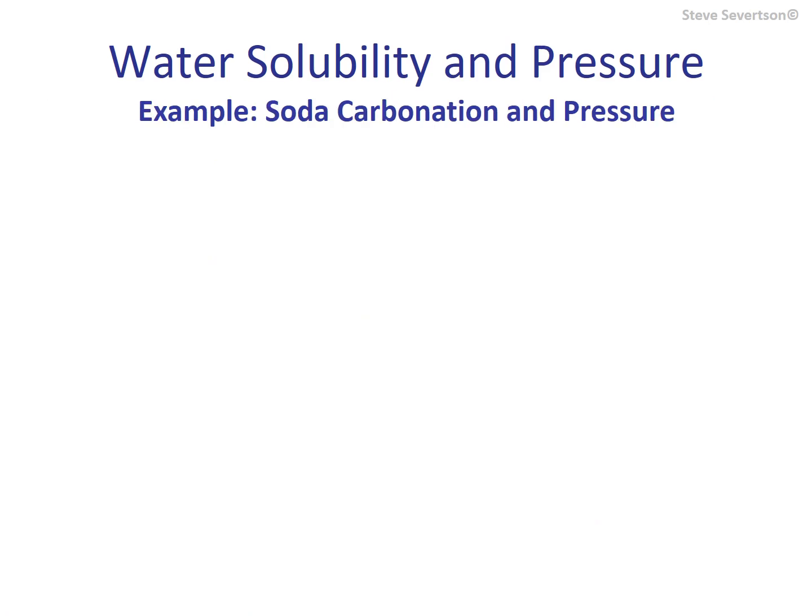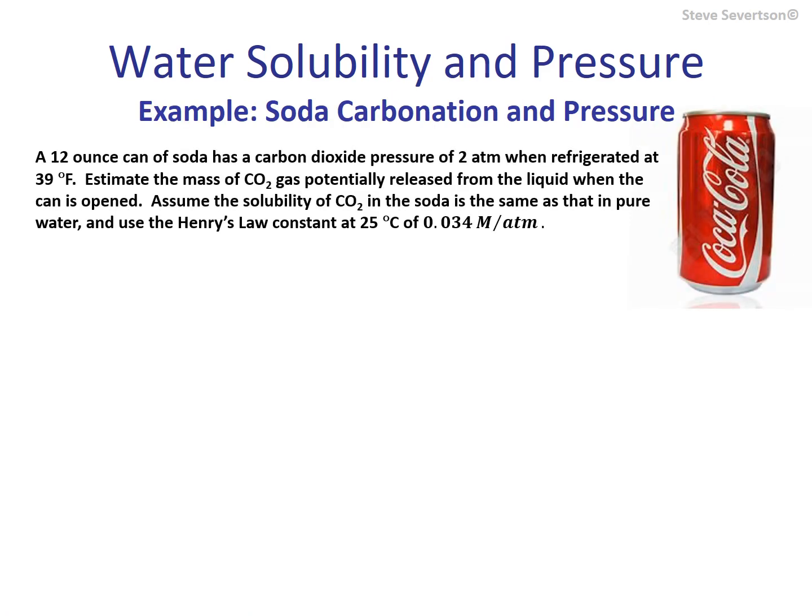The example is asking us to determine the difference in the water solubility of carbon dioxide for a fixed temperature of 3.9 degrees Celsius at 2 atmospheres versus 25 degrees Celsius at atmospheric pressure, which we will assume is 1 atmosphere. We have the Henry's law constant at 25 degrees C, but not at about 4 C. We can look this value up, or it can be calculated.